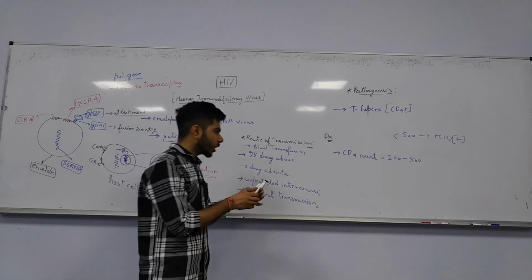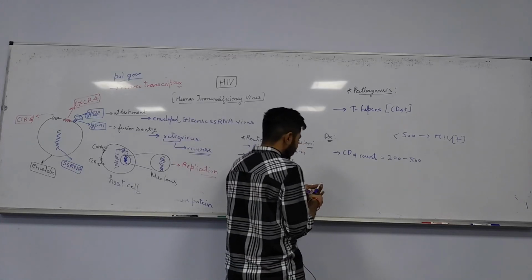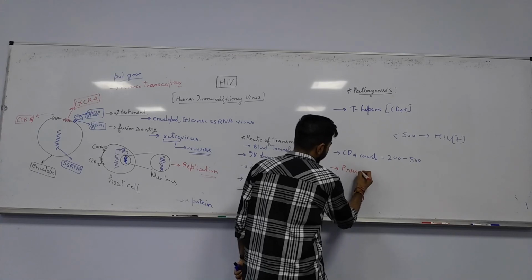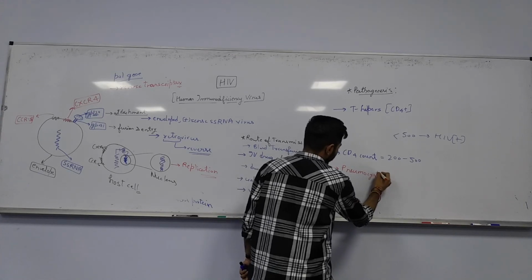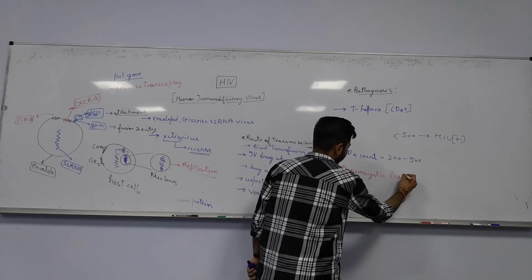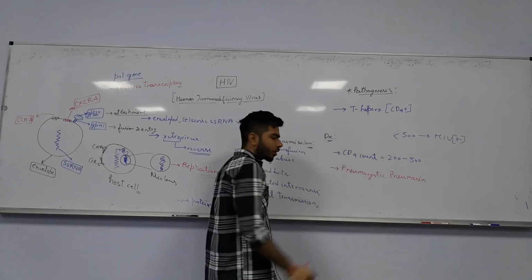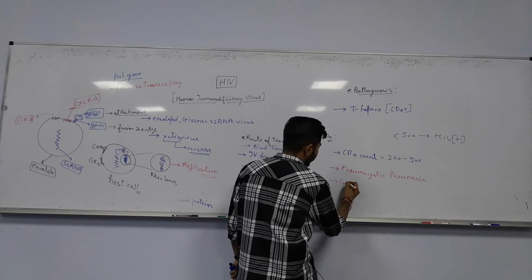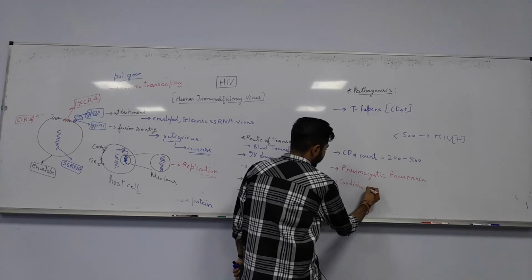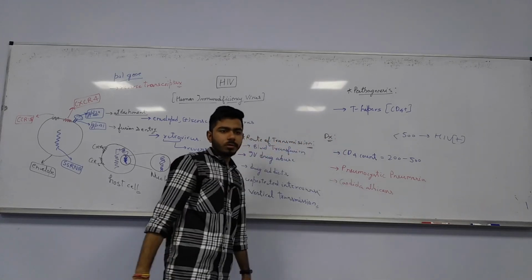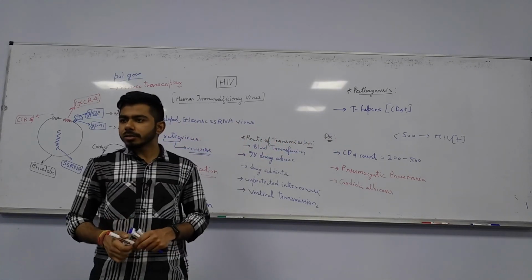For example, which kind of opportunistic pathogens can be there? For example, pneumocystis pneumonia. For example, Candida. Candida is a yeast, Candida albicans, and this can cause candidiasis.